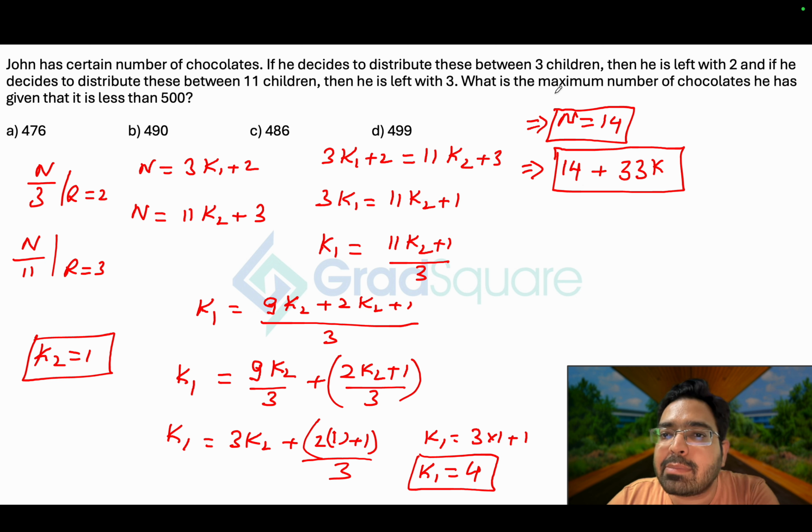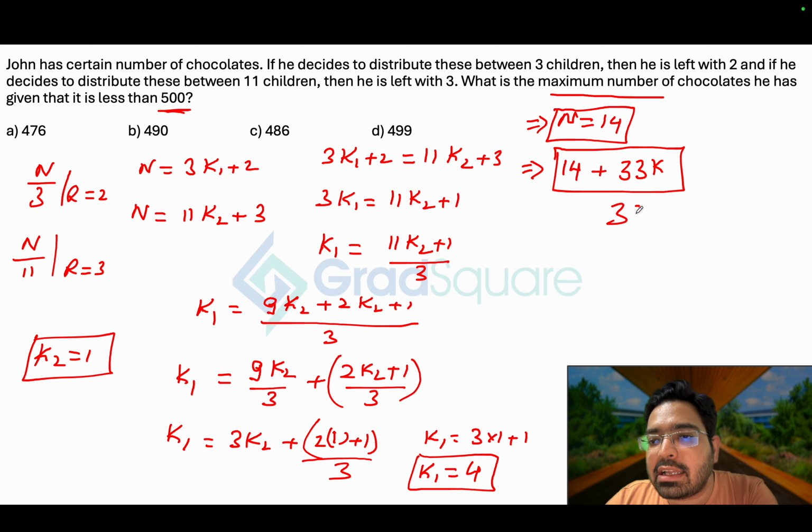Now they are asking me to maximize the number of chocolates, and it is given that it is lesser than 500. So what number is lesser than 500 and giving me this kind of a value, right? So you will start iterating the values of k over here. Now I understand 33 into 3 will give me 99, and 99 plus 14 will cross 100, right? I wanted to go close to 500.